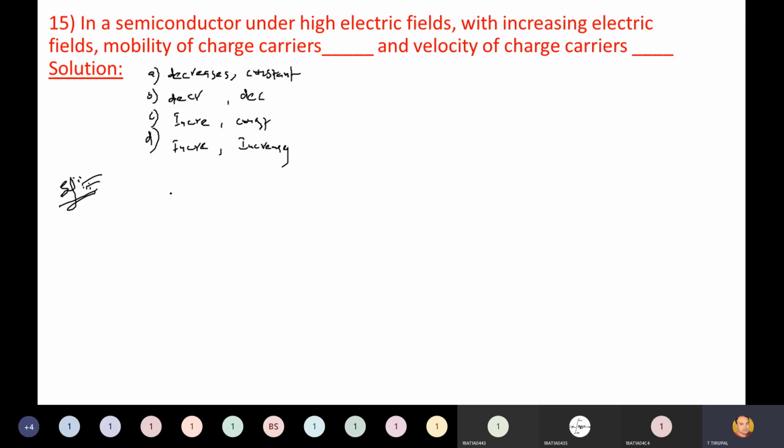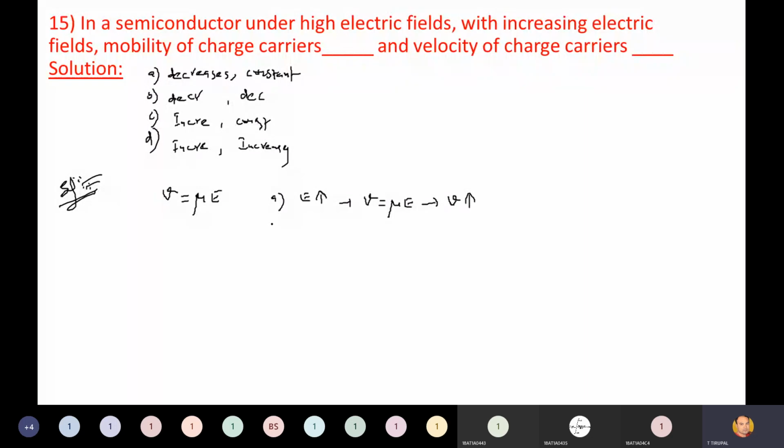Let us check it. Under high electric fields with increasing electric fields, what is the relation between velocity and field? V is equal to mu into E. First case: as electric field is increasing, what happens to drift velocity? Electric field increases, V also increases.